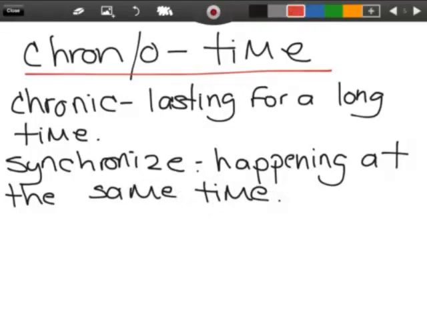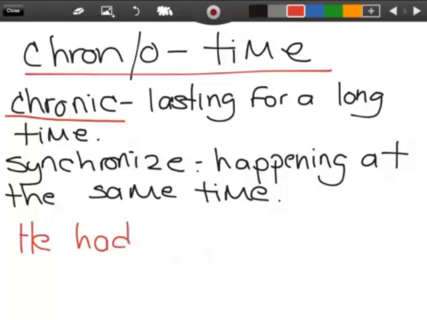And I'm going to use this in a sentence. I'm going to go ahead and choose this word right here, chronic. Let's go ahead and do it like this.